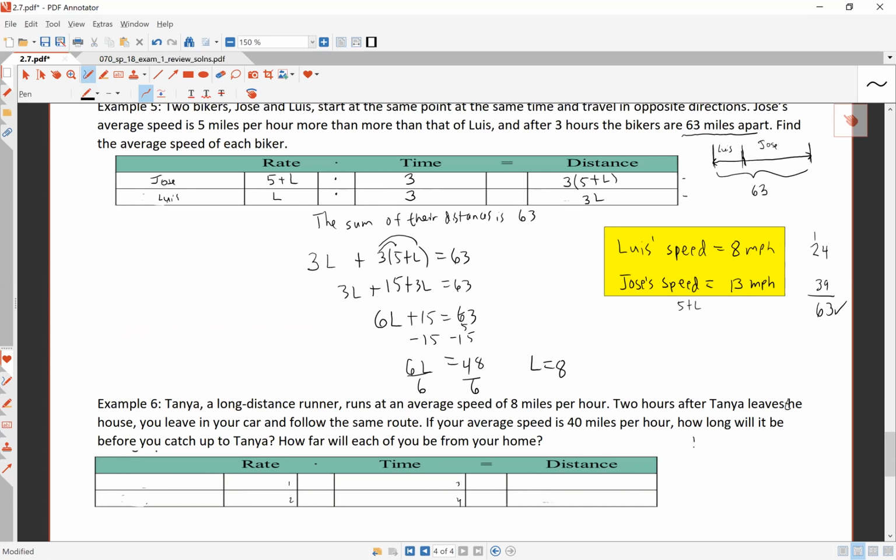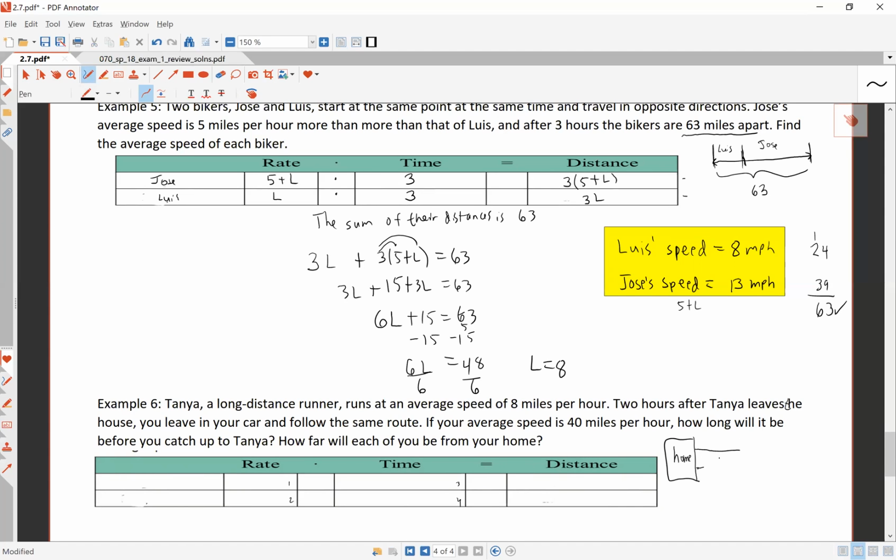This time it's a different scenario where we're both going to leave from the home. Tanya leaves, starts running, and for 2 hours she runs while we sit in the house. We then start to take off after her to try to catch her. She's going 8 miles an hour. We're going to go 40 miles per hour, so we have to go faster than her to catch her.